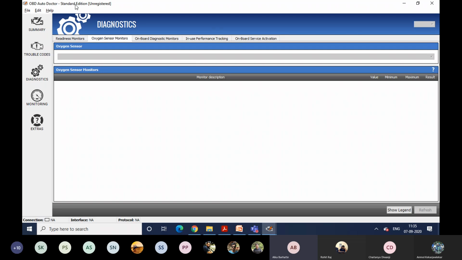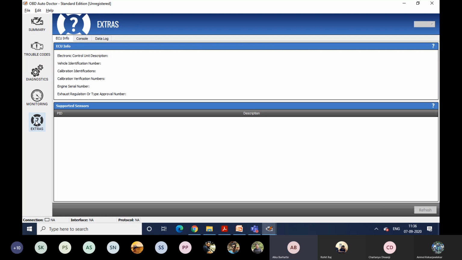As I said, it is the trial mode, so many features are not active. So this is diagnostic, where we can get the engine speed and all those things, and you can export that particular thing through the extracts.